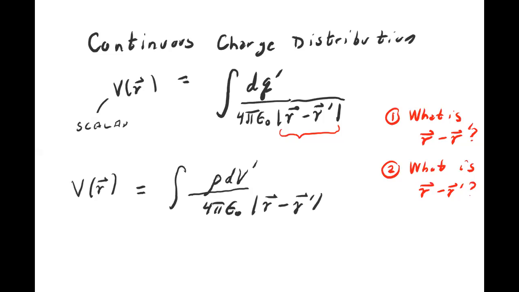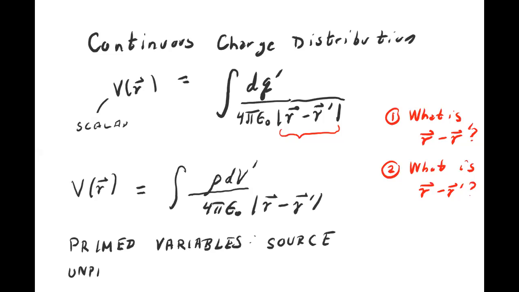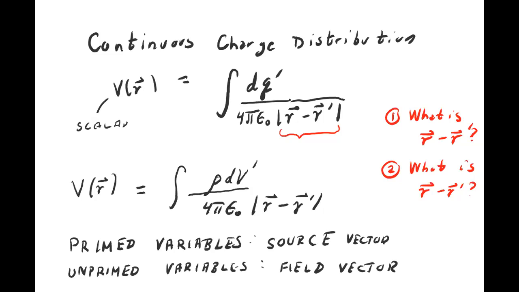So what's our convention? Primed variables tell us about the source of the charge. Unprimed variables tell us where the field vector is, the point in space where I want to calculate something, in this case, an electrostatic potential.